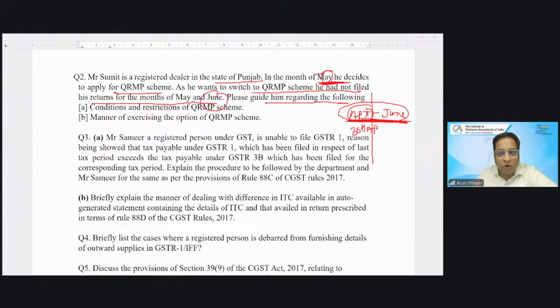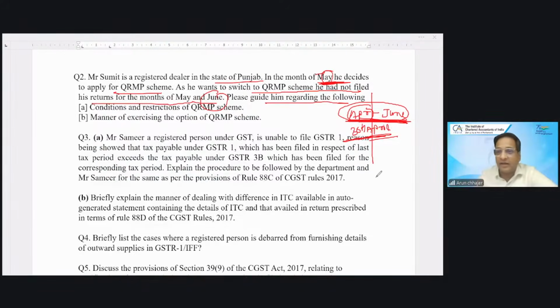Can he go for QRMP in May for the April to June quarter? Answer is no, because 30th April has expired. Do you agree with this, right? 30th April has expired, and as a result, it is not possible.